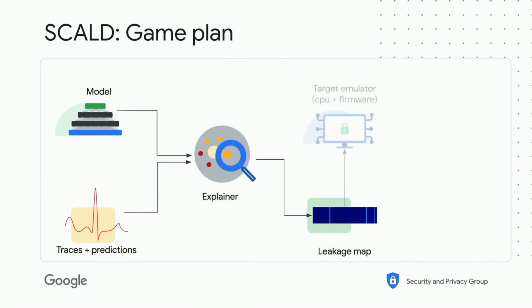So we need a second piece, which is where the dynamic execution comes in, which is the target emulator. If you remember, the target is the code running on a given hardware. So for us, it's TinyRSA running on an STM32F4, an STM32.